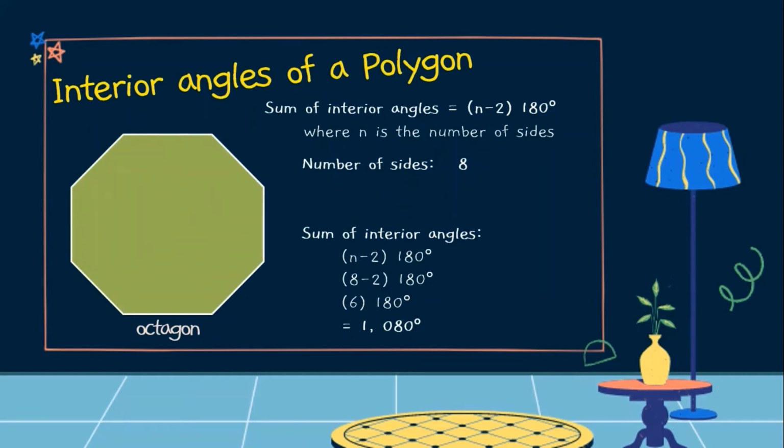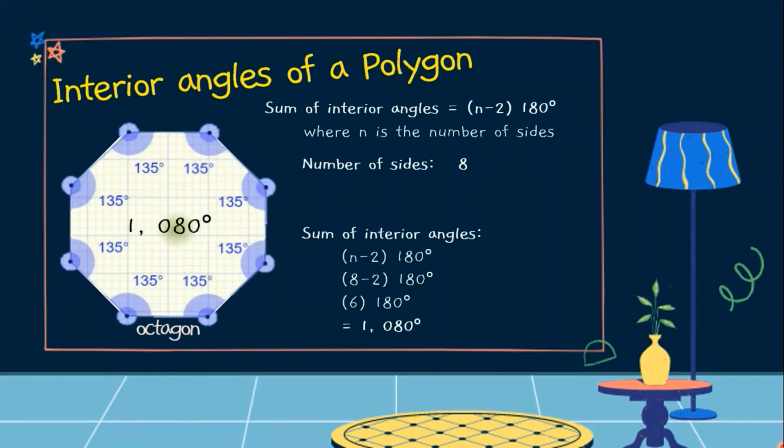Kung meron na tayong sum of interior angles, meaning yung kabuuan nitong octagon, yung sukat ng kanyang interior angles ay 1080 degrees, pwede rin nating malaman yung sukat ng mga individual angles. Say that this is a regular polygon wherein each angle have equal measurement. Kung 1080 degrees sila, each individual angle for an octagon measures 135 degrees.